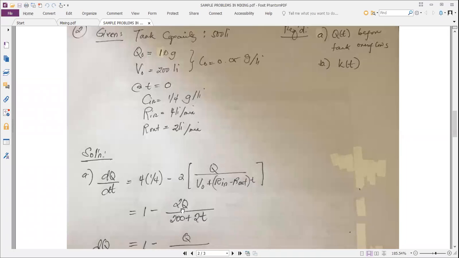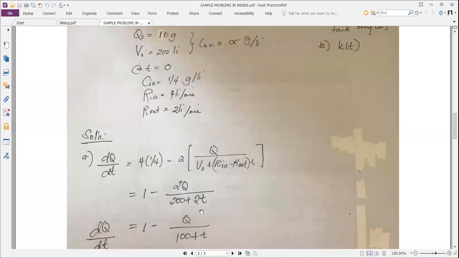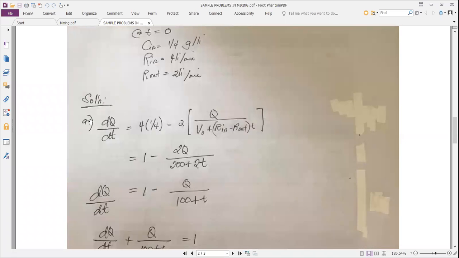In our case, we have Q over 200 plus 4 minus 2 is 2 times T, 2T. If we simplify this fraction, this will be Q over 100 plus T, if we divide both the numerator and the denominator by 2.